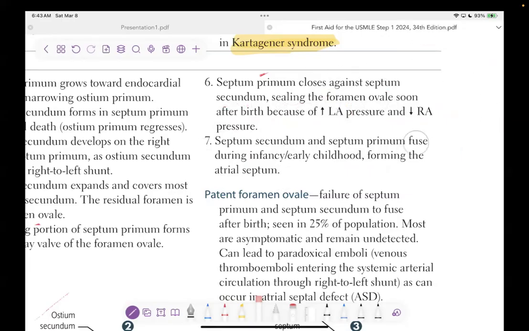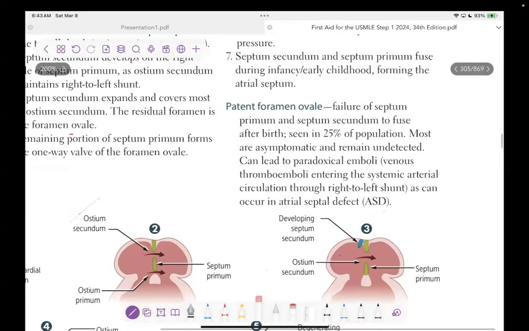And we already know everything about the foramen ovale. So, patent foramen ovale. Patent means open. If this foramen is open, we said that this septum primum and septum secundum are two septa beside each other, and they are working as a one-way valve. And this valve is called the foramen ovale valve, right?